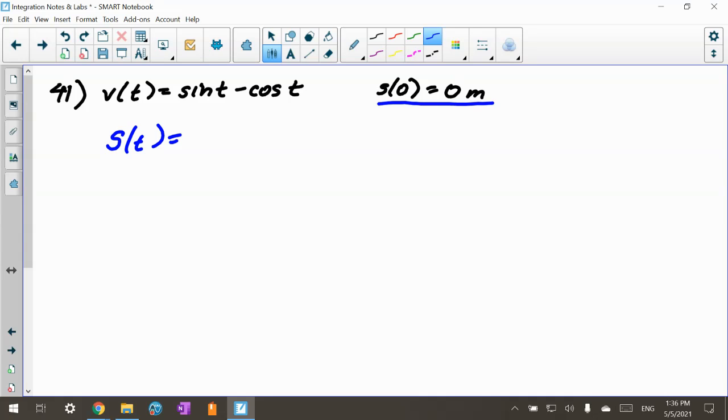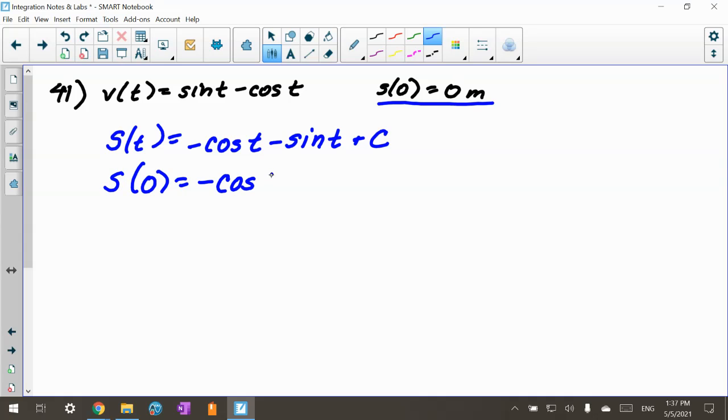The antiderivative of sine t is negative cosine t. The antiderivative of cosine t is sine, but it's negative there, so it's going to be minus sine t plus c. Now that I know s of 0 equals 0, I'm going to plug that in. s of 0 is going to be negative cosine of 0 minus sine of 0 plus c equals 0.